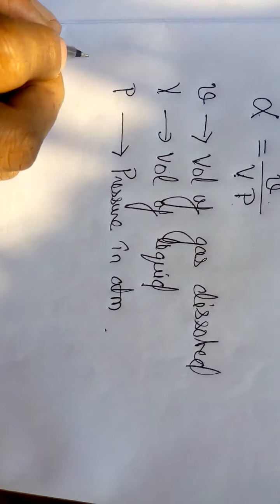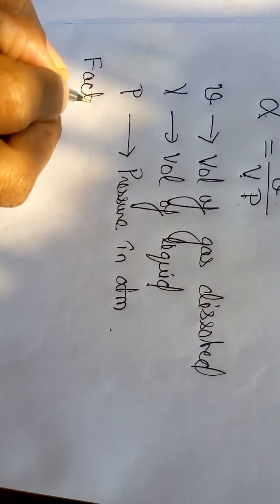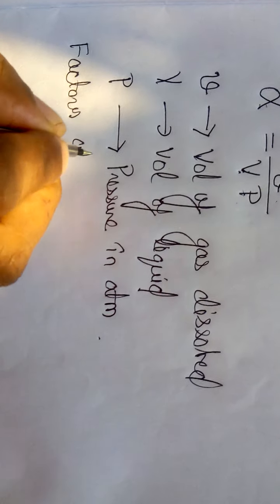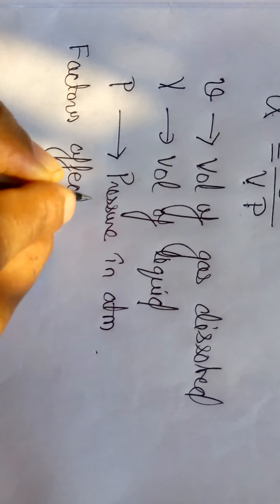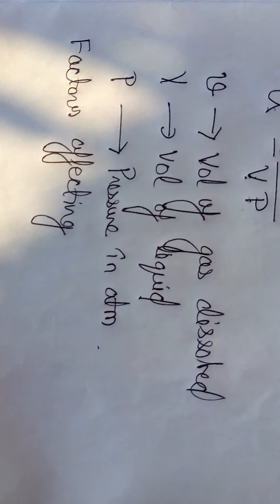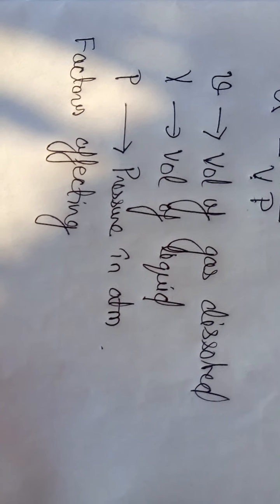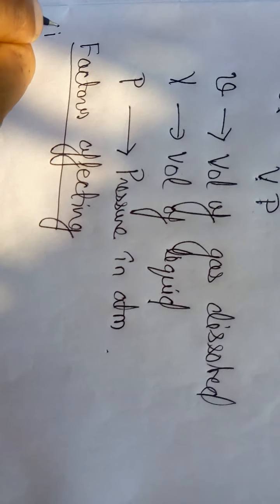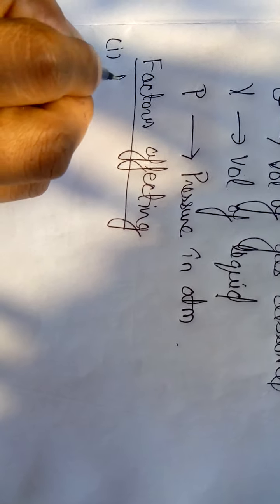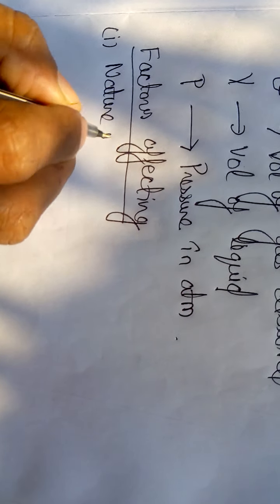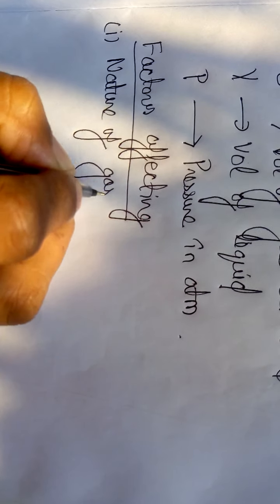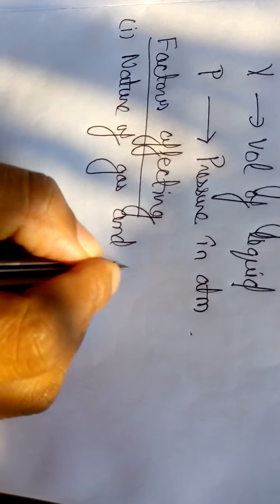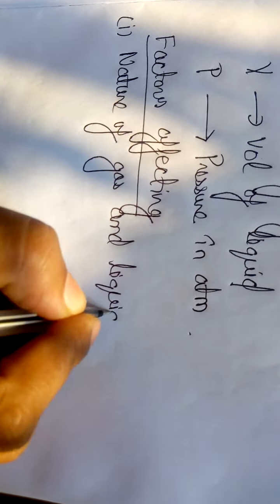Now, factors affecting the solubility of gases in liquids. The first factor which affects is the nature of gas and liquid, where gas is the solute and liquid is the solvent.